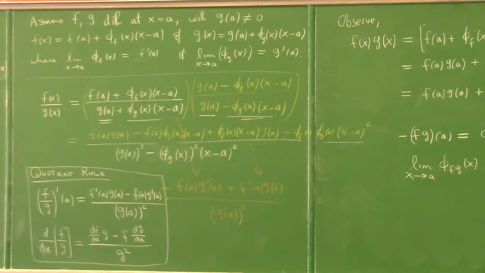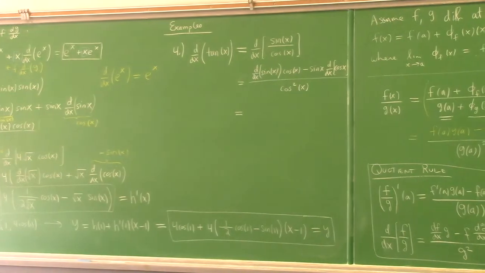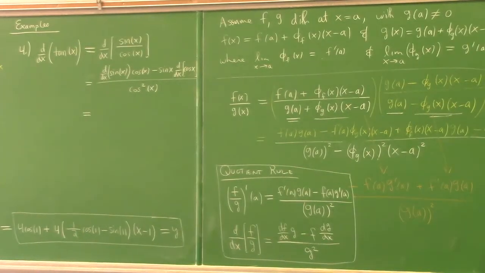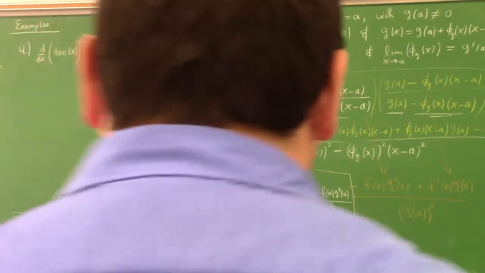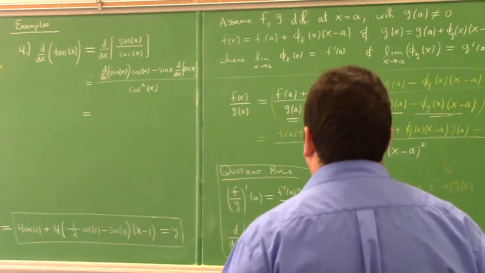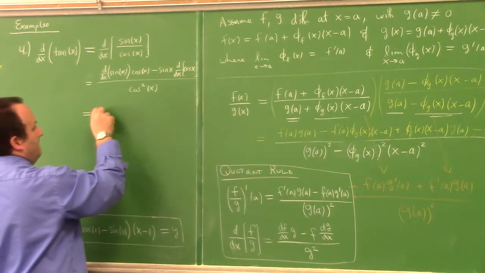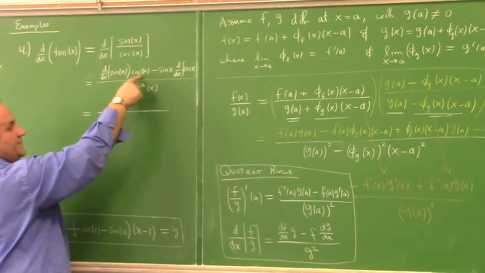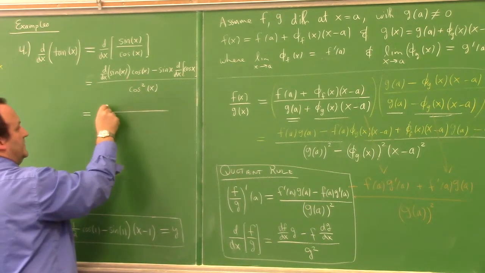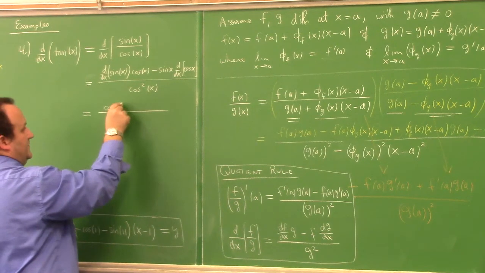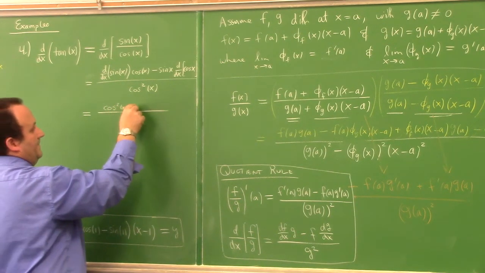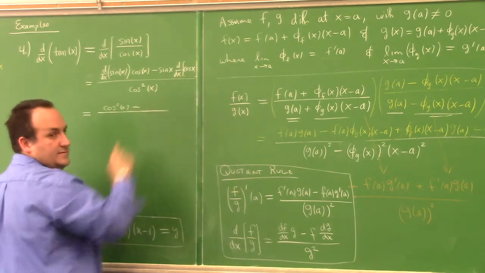Now, how's that work out? Derivative of sine is what? Yeah, so we have cosine times cosine, which is what? Cosine squared x. What's derivative of sine?